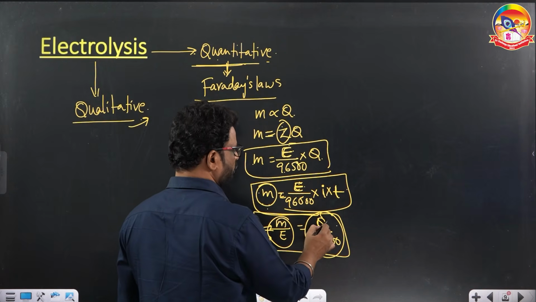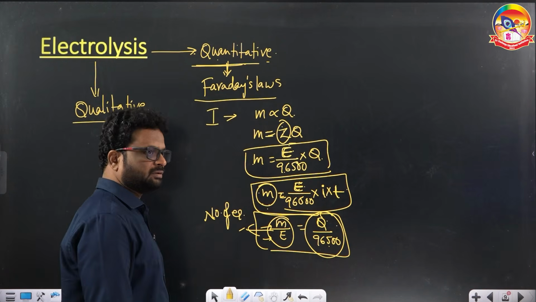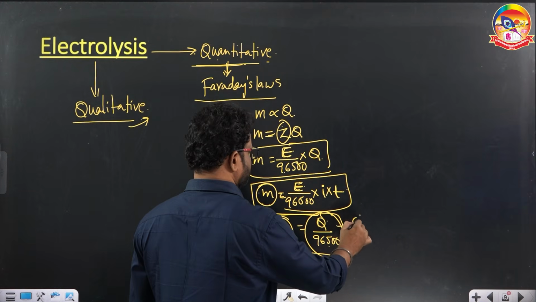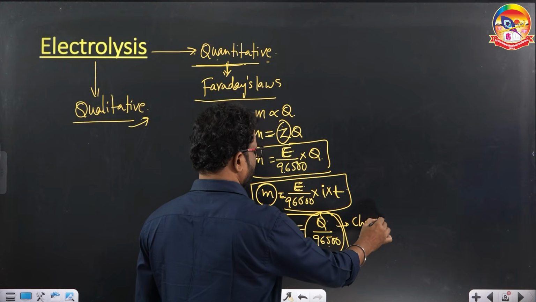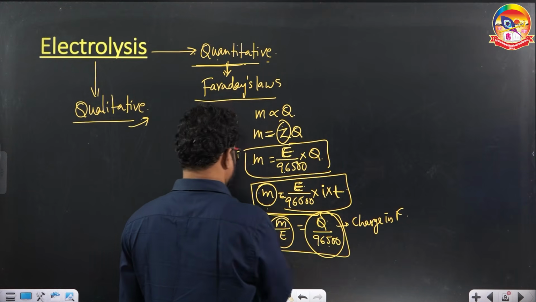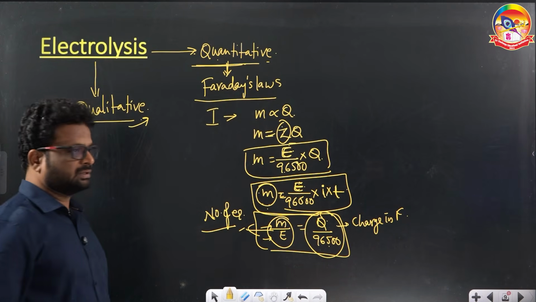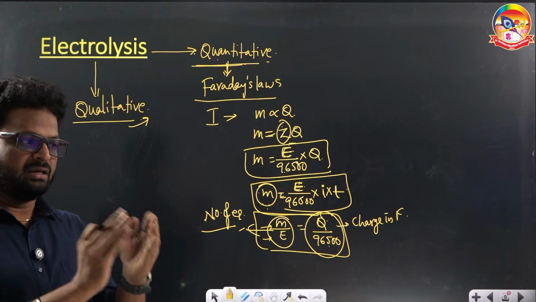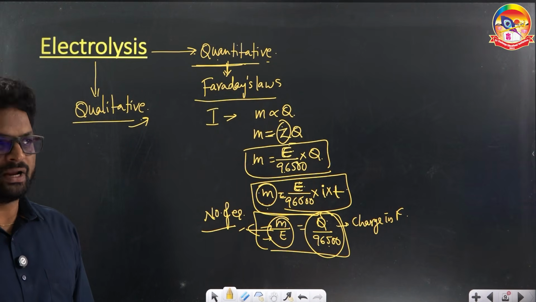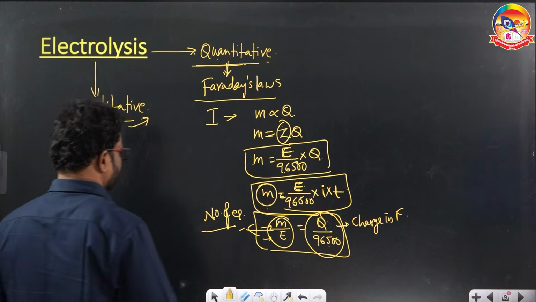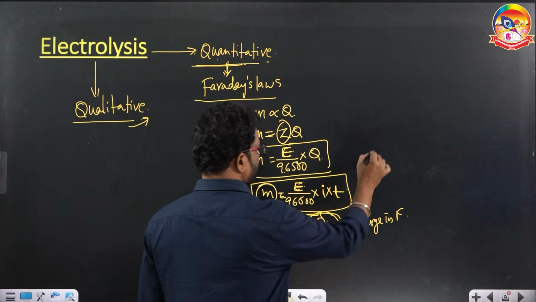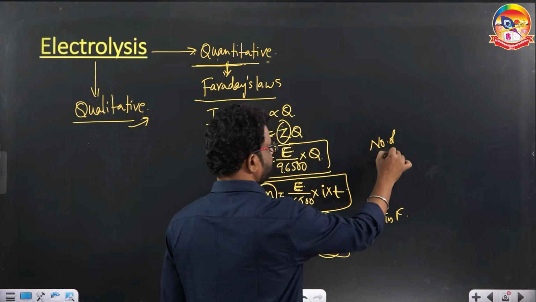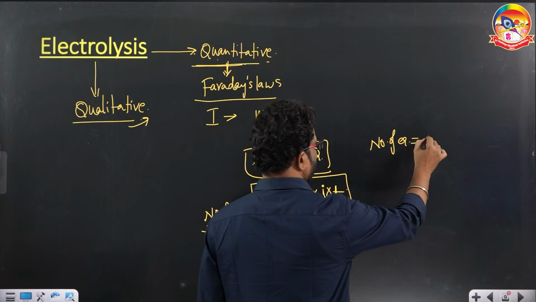Charge in coulombs by 96,500 is charge in Faradays. That means, according to the same law, you can say the number of equivalents of substance deposited is equal to the number of Faradays of charge that is used. So the number of equivalents is equal to charge in Faradays.